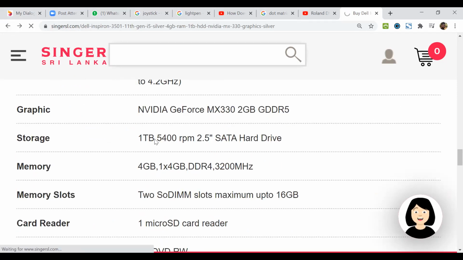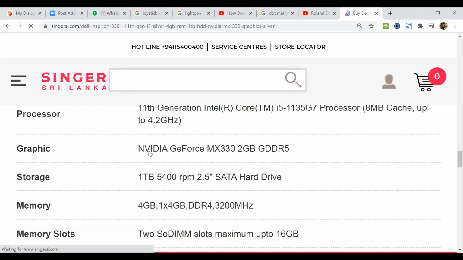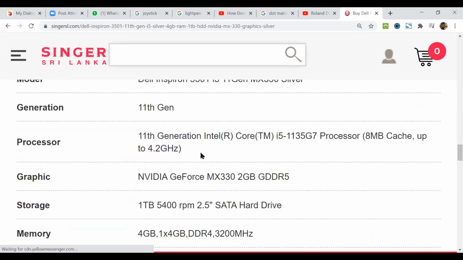Okay, so it's there in this machine. It says up to 4.2 gigahertz. The processor can go up to 4.2 gigahertz. That's the speed of the processor. And when we talk about the RAM memory, the RAM we specify here is 4 GB RAM.